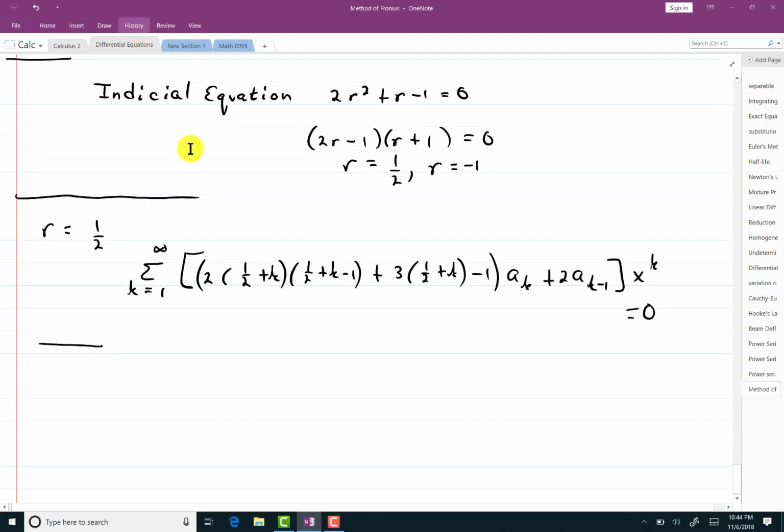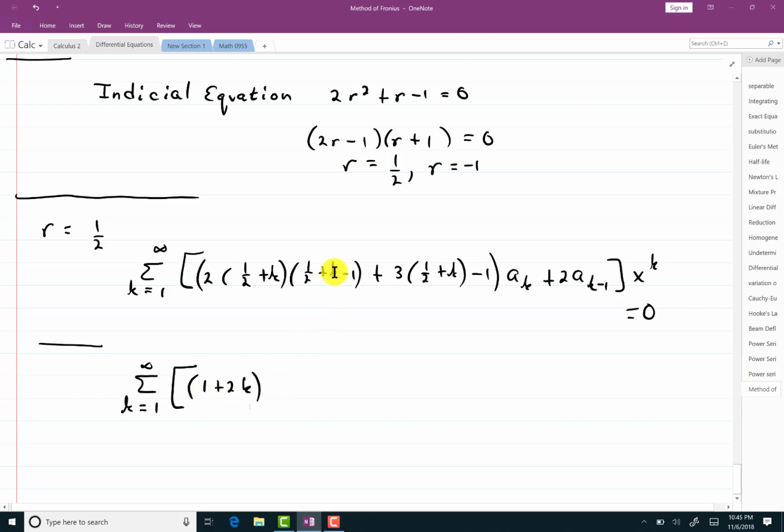Let me do a little simplifying and see if things are a little bit easier to work. This 2 will be nice because I'll be able to get rid of some halves. So let's see what happens next. K equals 1 to infinity. I'm going to multiply the 2 through to the 1/2 plus k, and that will give me 1 plus 2k.